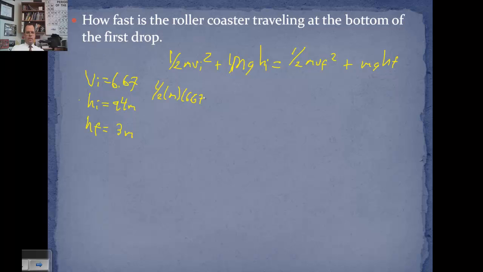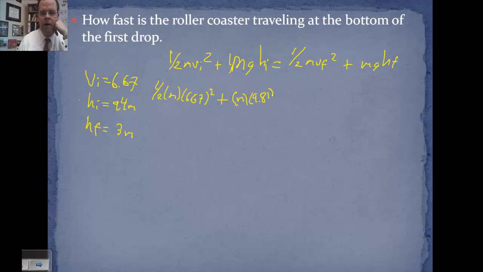So 1/2 m times 6.67 squared plus m times 9.81 times 94 equals 1/2 m v final squared plus m times 9.81 times 3.